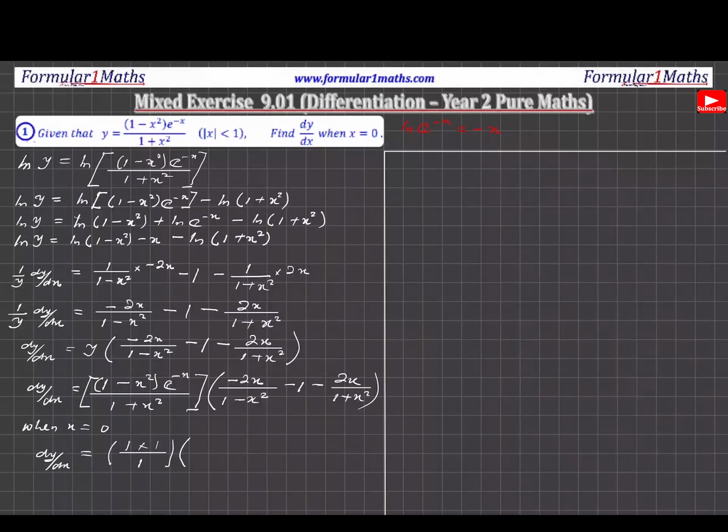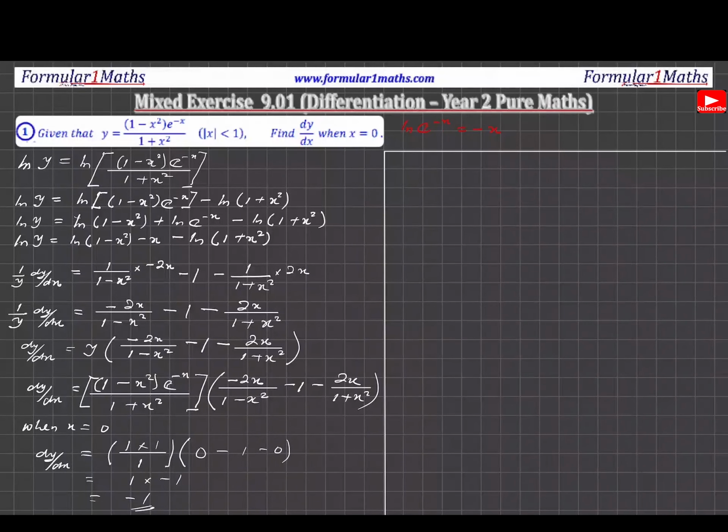So this will be multiplied by, if I put 0 here, the whole thing becomes 0. So that will be 0 minus 1. And if I put 0 here, I get 0 as well. And so the whole differentiation becomes 1 times minus 1. And finally, we get minus 1 as our answer. And so that's the value required.